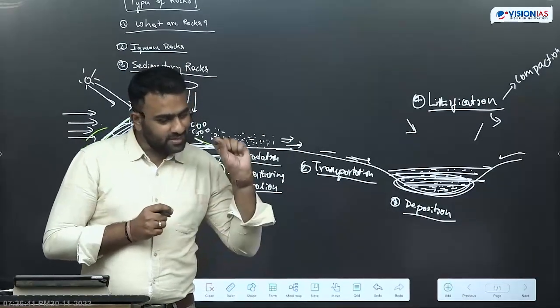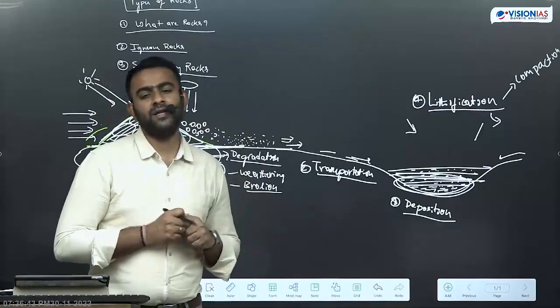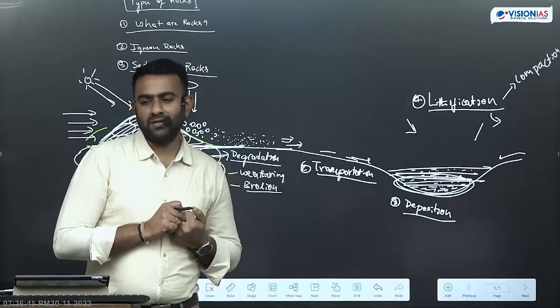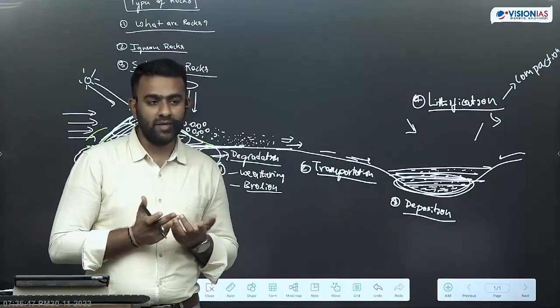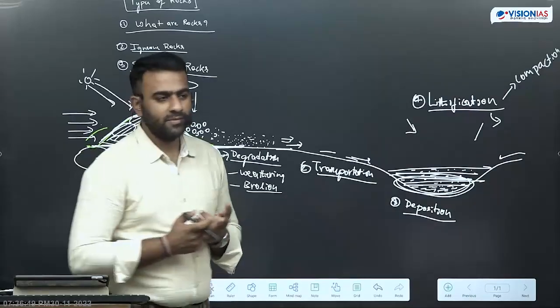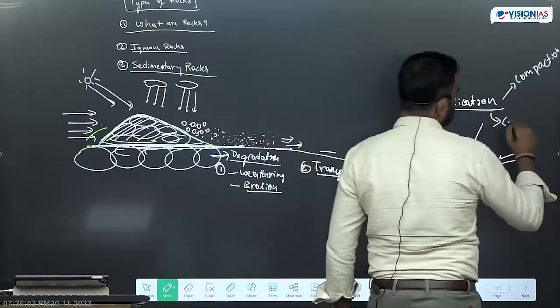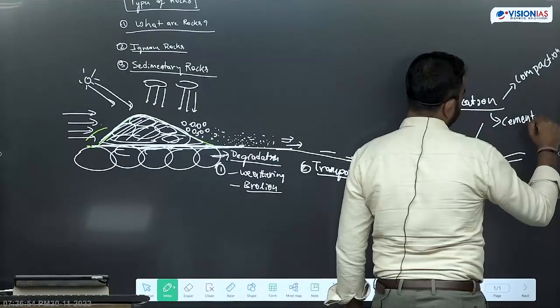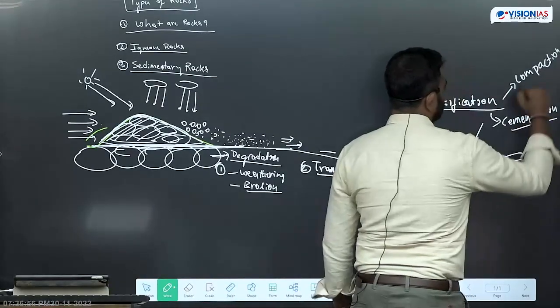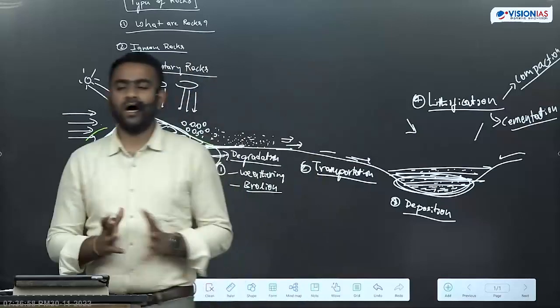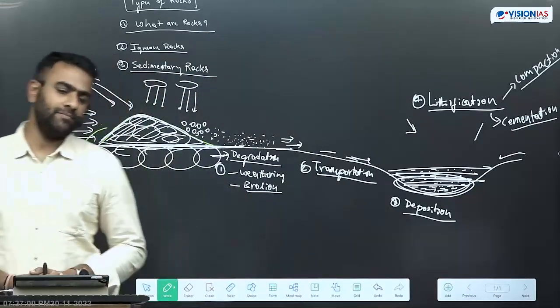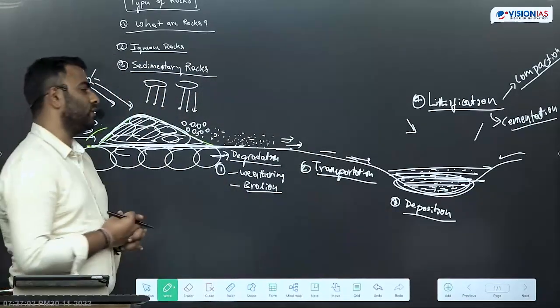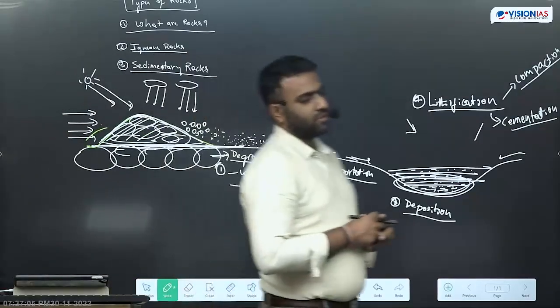It will get cemented with finer material like silt or clay or mud. That is what we call cementation. When all such pore spaces are filled out, it gets hardened over a long period of time and becomes a rock, which we call sedimentary rock.